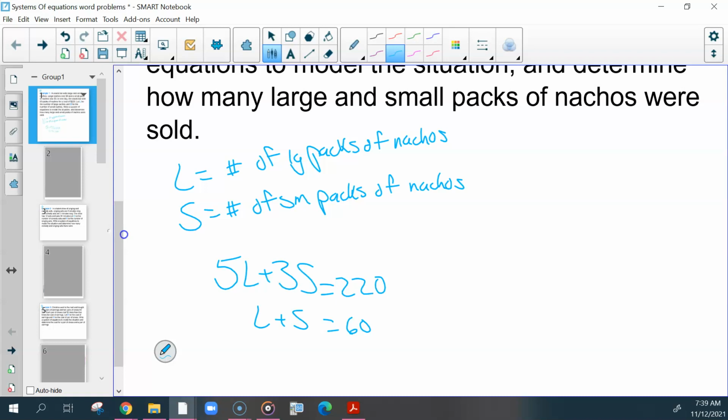And we solve these by graphing, which reminds me, if you don't already have it, grab your calculator.